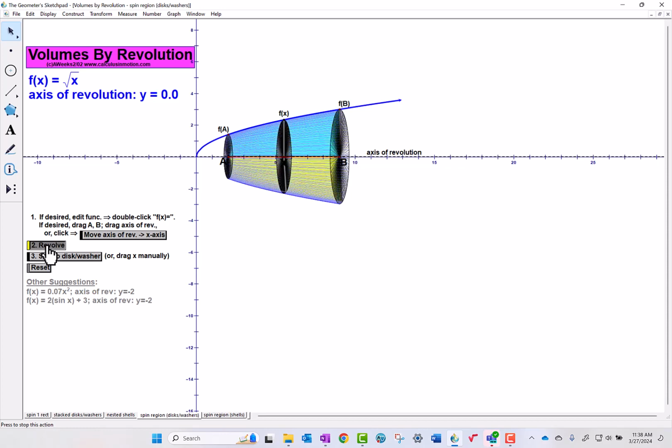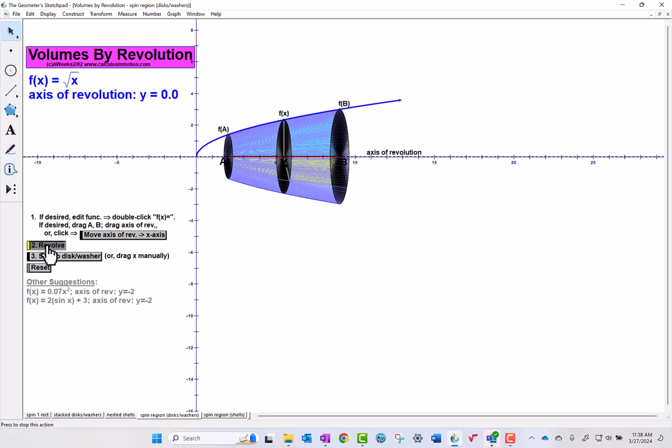It's sometimes hard for students to understand what we're really calculating. But as you look at that, I want you to think about the cross section. You see the cross sections, there's three of them highlighted right there. What shape do you think those cross sections are? They're circles, right?